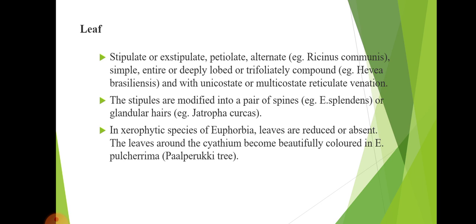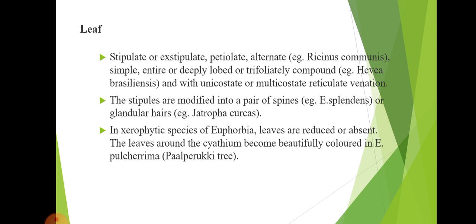The stipules are modified into a pair of spines, example Euphorbia splendens, or glandular hairs are there, example Jatropha curcas. In xerophytes, species of Euphorbia, leaves are reduced or absent.